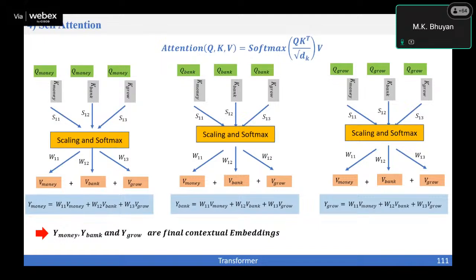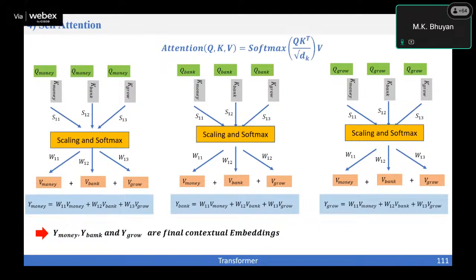So I am repeating this. For the sentence money, bank, grows, we are determining Y money, Y bank, and Y grows. First we take the dot product, and I'm getting the value S11. After this we do the softmax, that is the W11 I'm getting, and it is multiplied with the value, and I'm getting this combination.